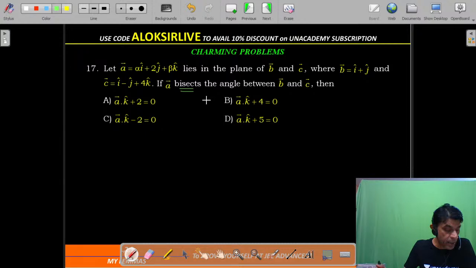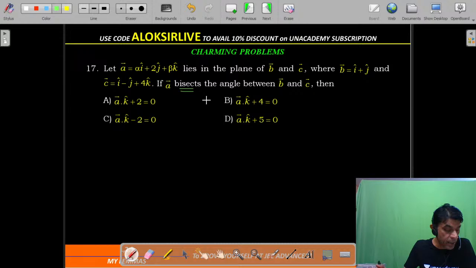If I write b cap plus c cap, I'll get 1 by root 2 of (1, 1, 0) and 1 by root 18 of (1, minus 1, 4). So I can take common. Root 2 you forget, because you want anyway one parallel vector. So multiply this by 3.